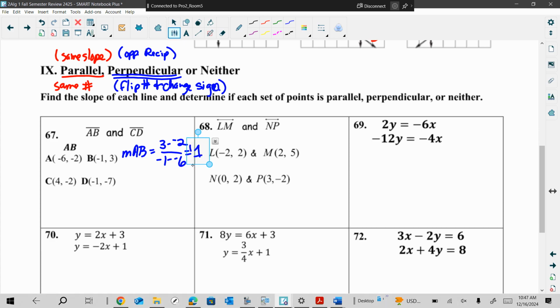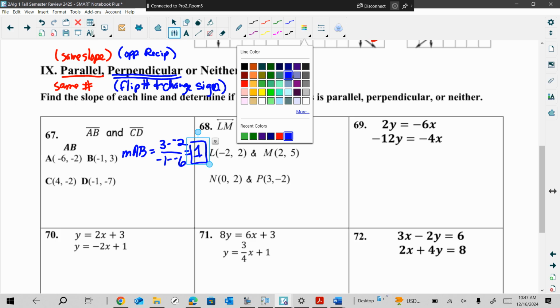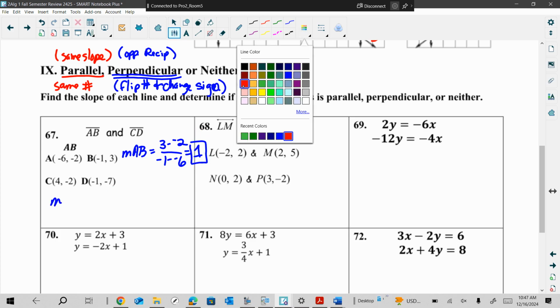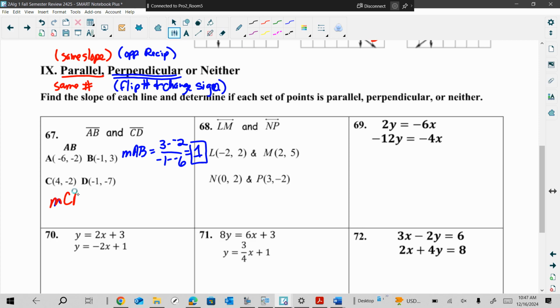Okay, this one is 1, so we're gonna do the same thing for CD. We're gonna find the slope of CD using the same formula, -7 minus -2, -1 minus 4. Put that in the calculator and check.